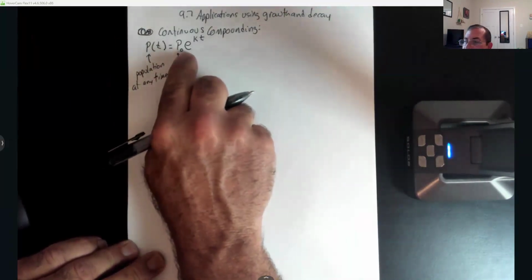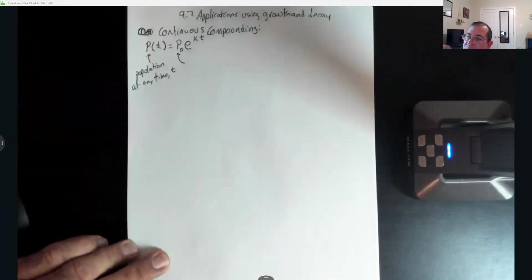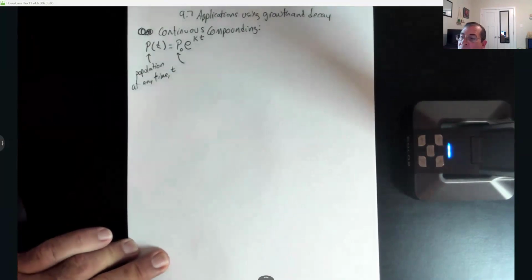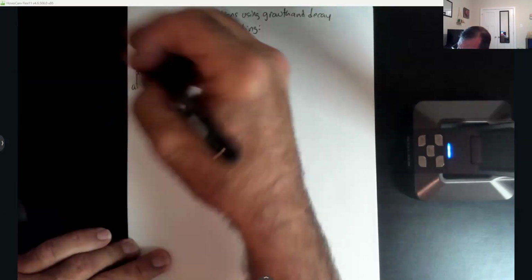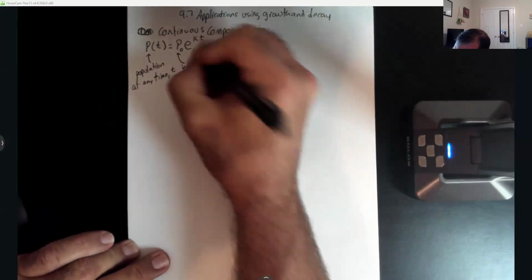So this is just a subscript. Basically, it's a 0 that stands for the original. So we're looking at our original population, our original investment. So this would be our initial population.